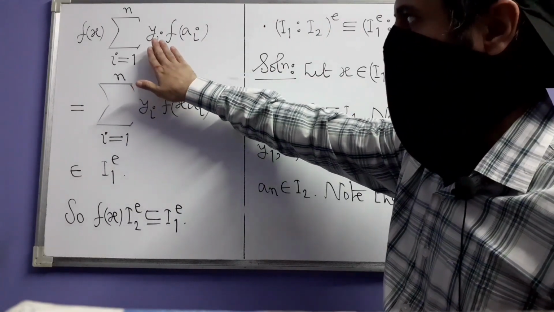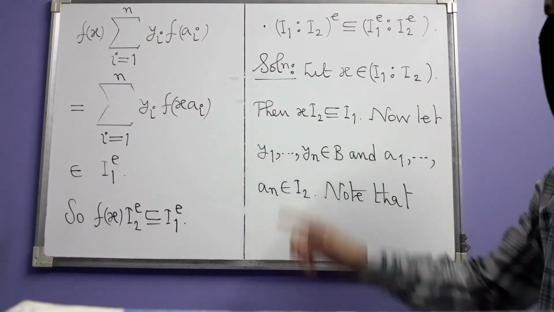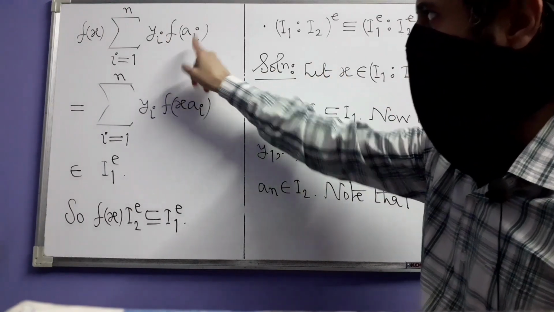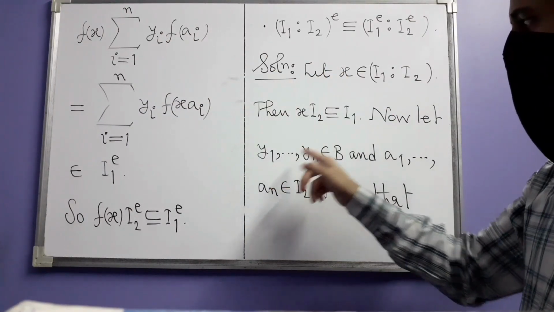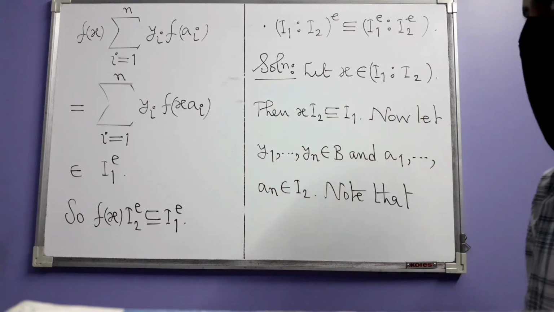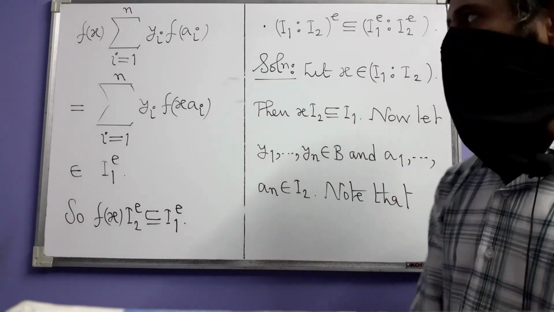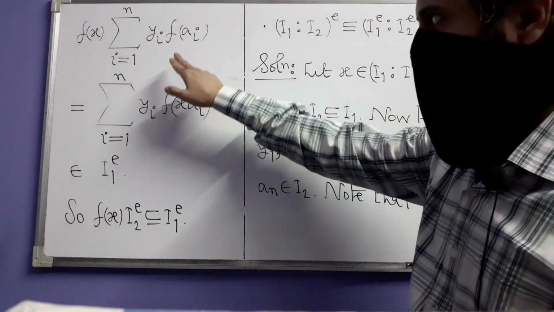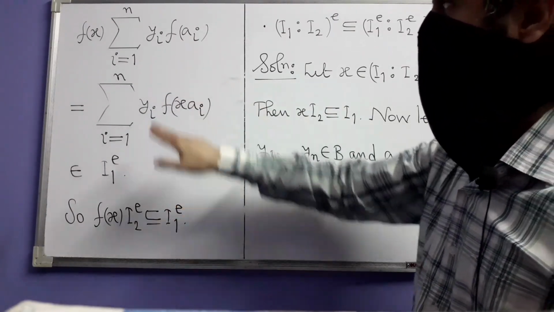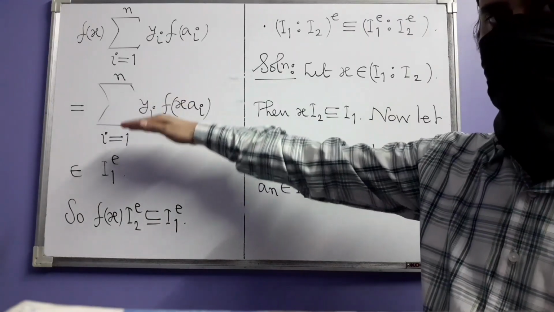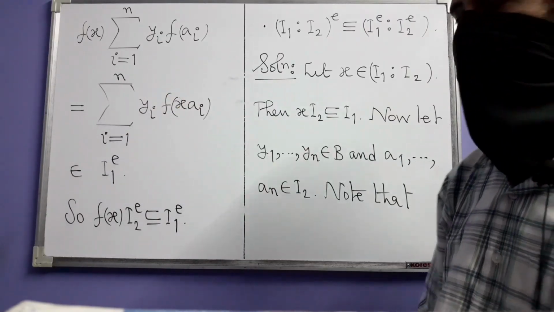And that other something is a sum of all these products yi f of ai, as i varies from 1 to n. Alright, why did I suddenly take this? We will see. But let us first see what it becomes.